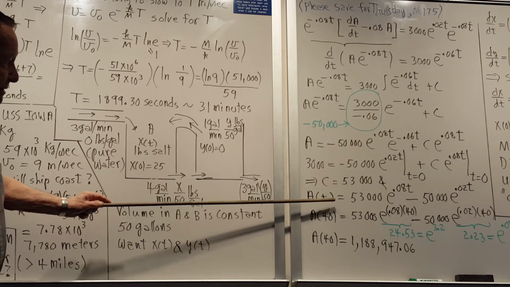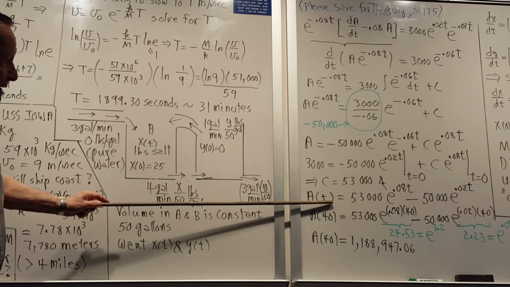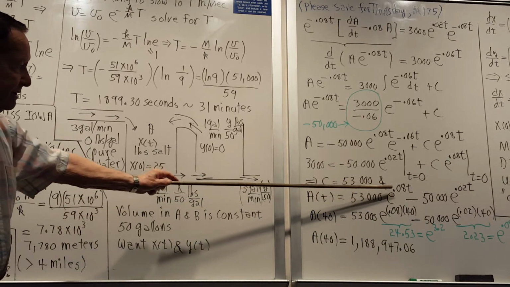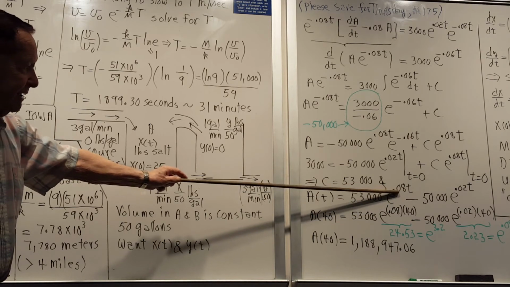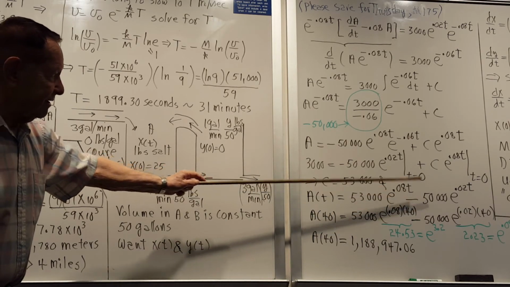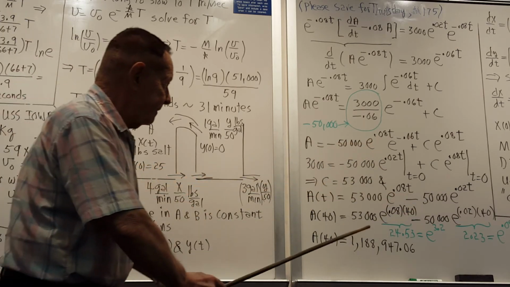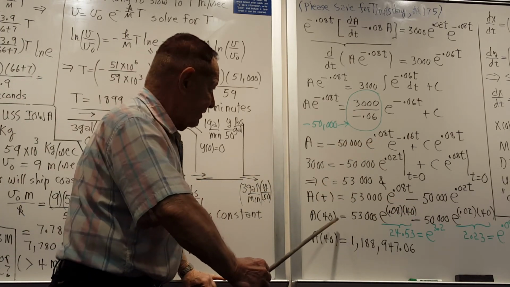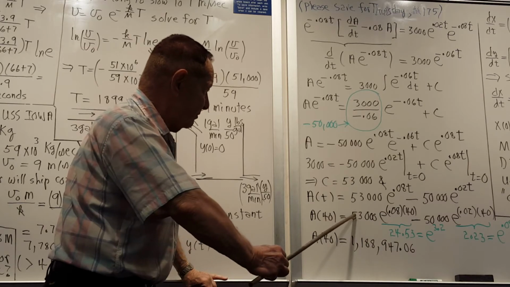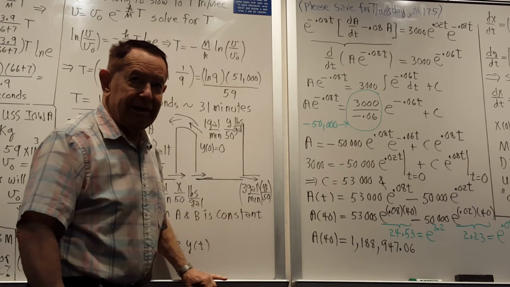So your formula is 53,000 e to the 0.08t minus 50,000 e to the 0.02t. So the final part of the question is, what would be the balance after 40 years?